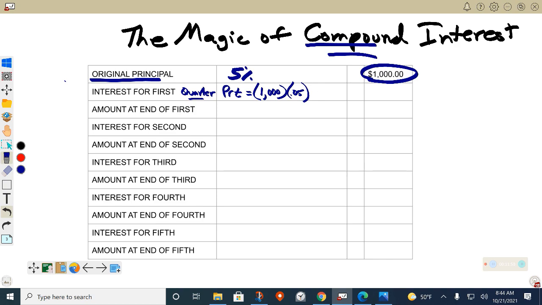Reduce that puppy. Beautiful, Moreno. 3/12 reduces to what? Give me a nice, beautiful fraction. How much of a year? A fourth. And I kind of gave it away. A quarter is a fourth of a year. So I'm going to put times 1/4.